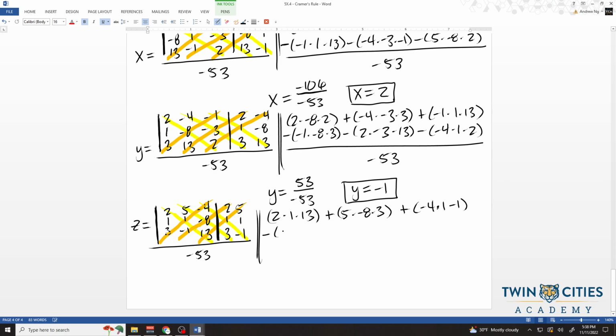Subtracting negative 4 times 1 times 3, subtracting 2 times negative 8 times 1, subtracting 5 times 1 times 13. And this is all being divided by d, which is still negative 53.